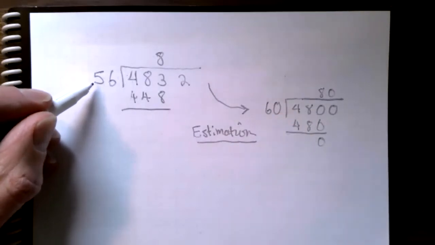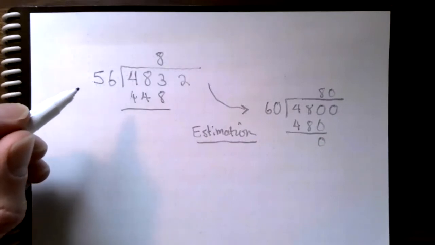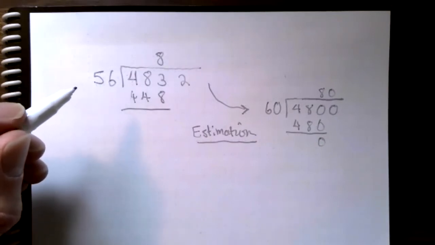The problem with the 2-digit divisors is we don't have the multiplication table memorized for all the 2-digit numbers. We have the multiplication table memorized for single-digit numbers. Okay, but I don't know the times table for 56.